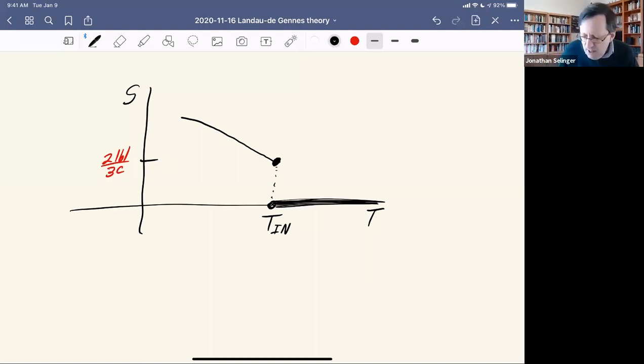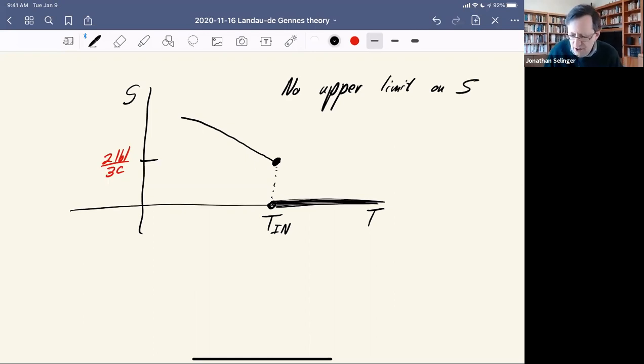But I will point out to you that this theory has no upper limit on S. This kind of theory doesn't know that the largest possible value of S is equal to 1. In this Landau style theory, S could just keep getting bigger and bigger as you go to lower and lower temperatures.